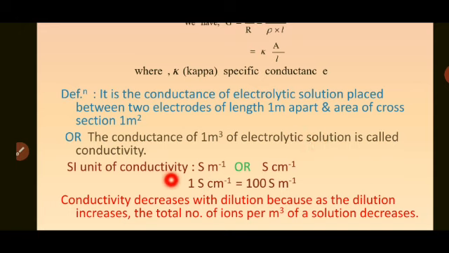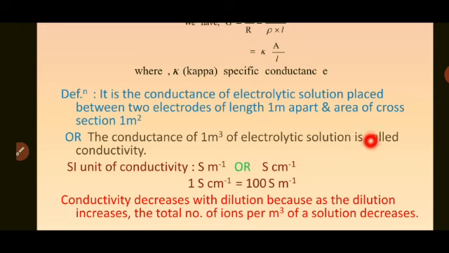So what is the SI unit of conductivity? It is Siemens per meter or Siemens per centimeter. Again the relation is given: 1 Siemens per centimeter is equal to 100 Siemens per meter. Now conductivity decreases with dilution, meaning when we dilute the electrolytic solution, conductivity always decreases.